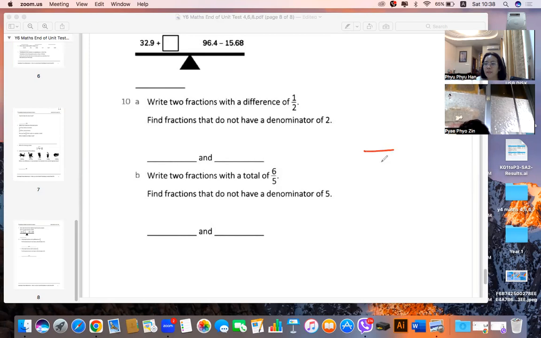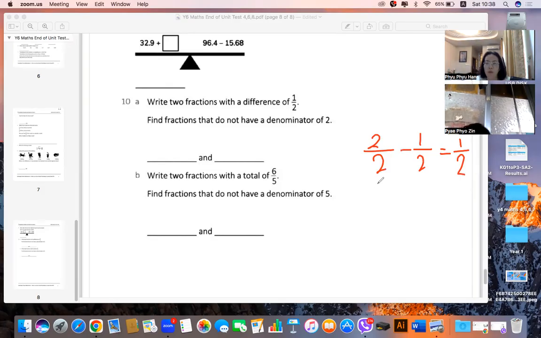For example, if we choose the denominator of 2, like 2 minus half, we will get 1 by 2. But it says find fractions that do not have a denominator of 2.